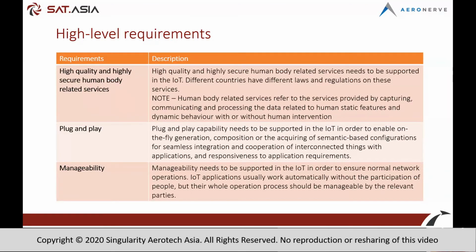So this human behavior or human intervention, we capture normally by robots, because that's the whole point of IoT. Robots capture those data and translate that into something that is manageable for us. So we need to ensure that it is secured, in high quality and highly secure related services.